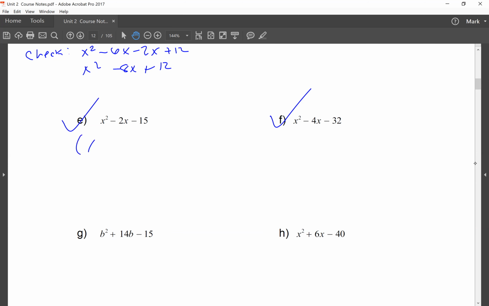So for this one, for 15, I guess I'll just do it right here. We would have x minus 2, or sorry, minus 3. Oops, sorry, my pen's going a bit weird. Hold on, let me fix my pen.